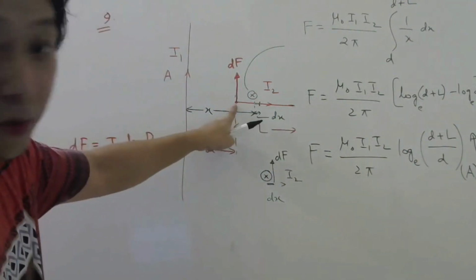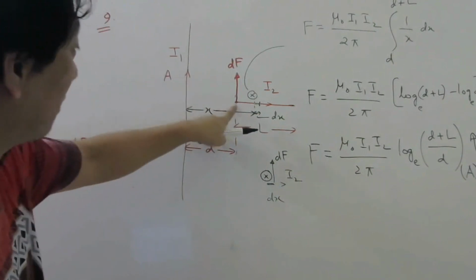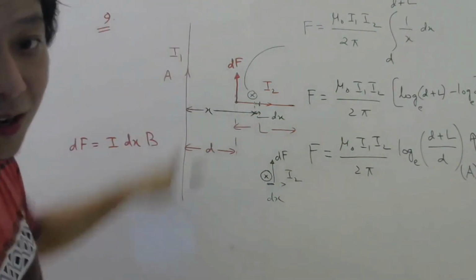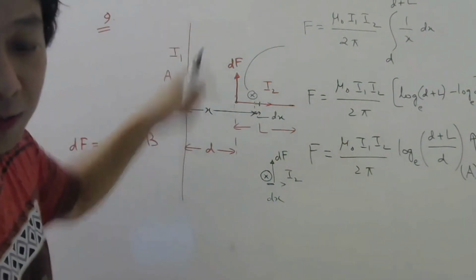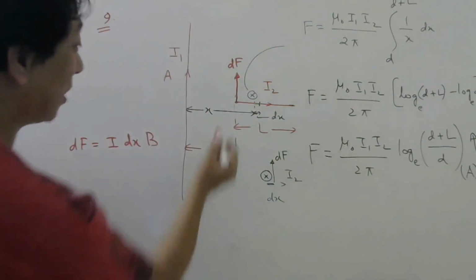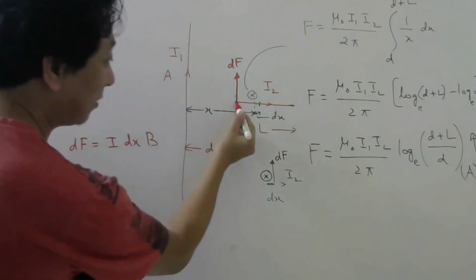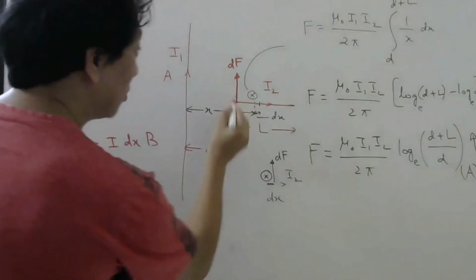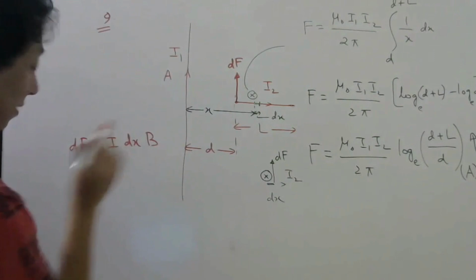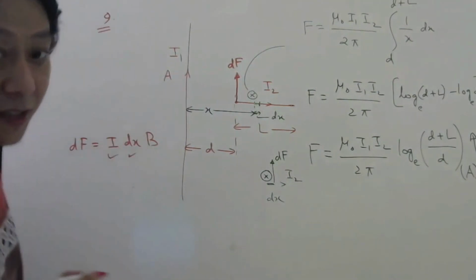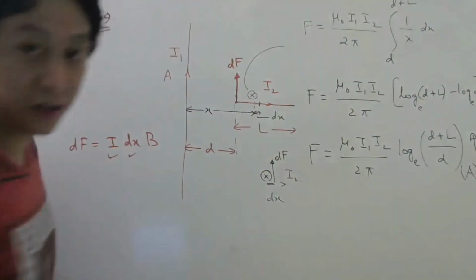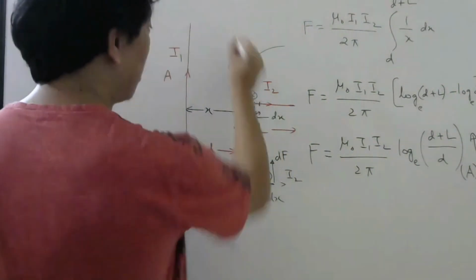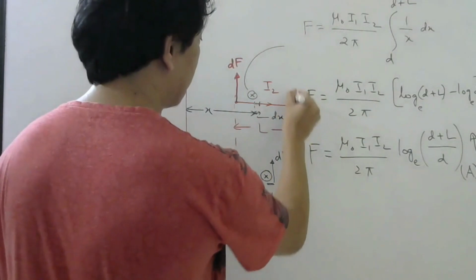Now, B here is more or B here is more? B here will be more because this part is nearer to this wire. The magnetic field produced by this wire is inversely proportional to distance. So when you are nearer to this wire, the magnetic field will be more. The current I is the same, dx is the same, but B is more here than here. Understood or not? Therefore this part will feel more dF than this part.